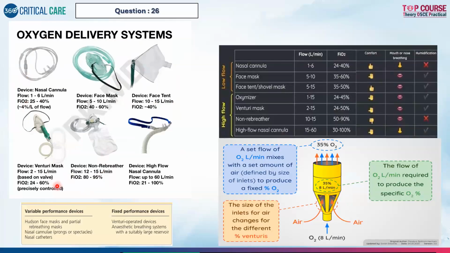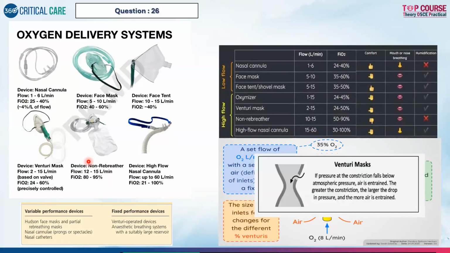Our next question is the oxygen delivery systems. So the various oxygen, when you have to describe, please start by describing whether it is a variable performance device or it is a fixed performance device, how much flow all of these give with the respective FiO2, okay, the comfort level, okay, humidification, whether it provides or it doesn't provide. Regarding Venturi, one needs to remember that it comes with the color coding for the different flow and giving the different FiO2.